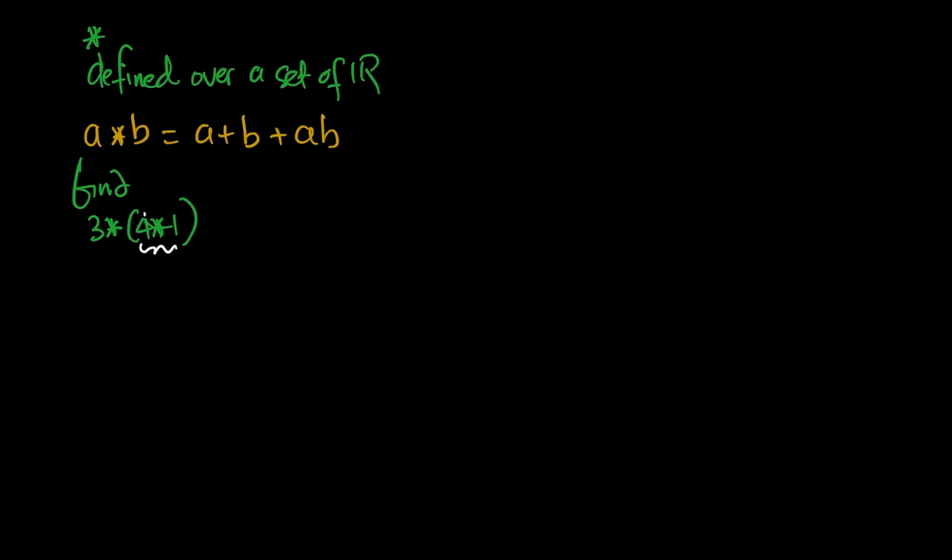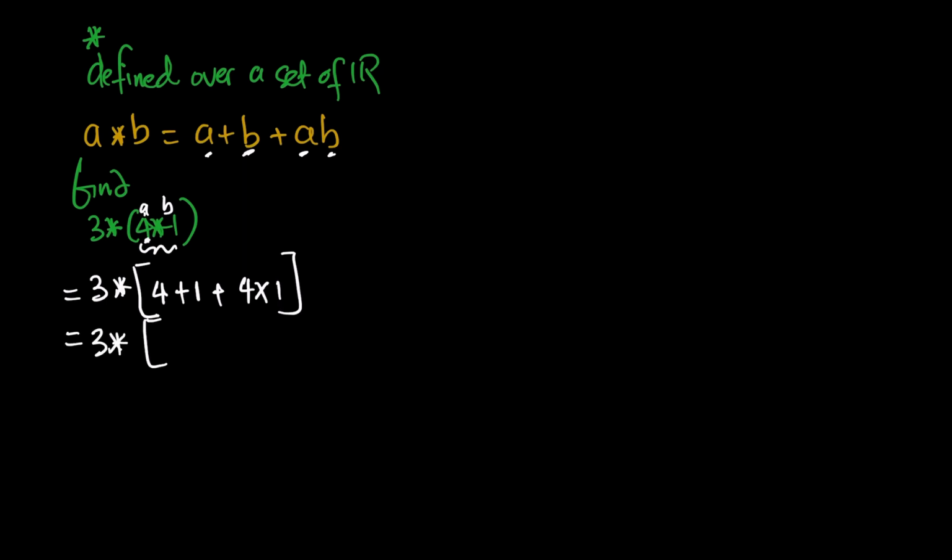So this is our A and this is our B. We have 3 star, in parentheses, our A, which is 4, plus our B, which is 1, plus our A, which is 4, multiplying our B, which is 1. When we do that, we have 3 star, in parentheses, 5 plus 4, and then we have 3 star 9.